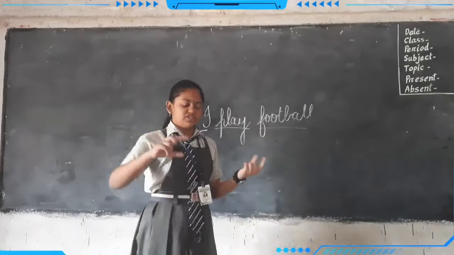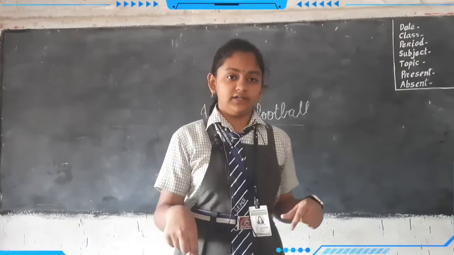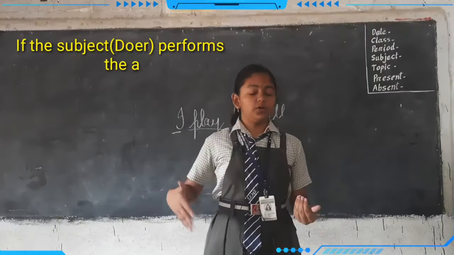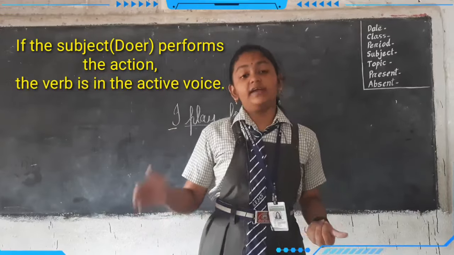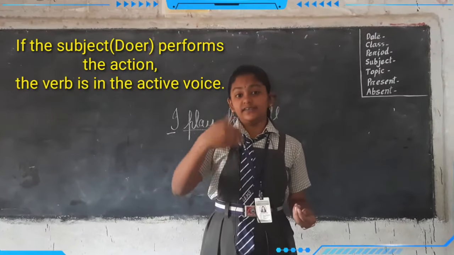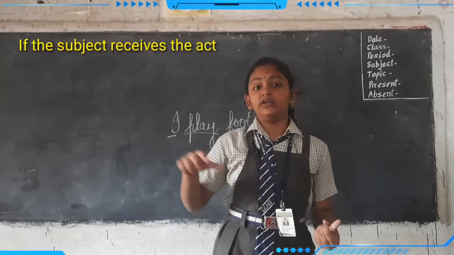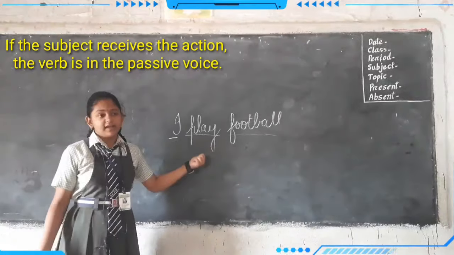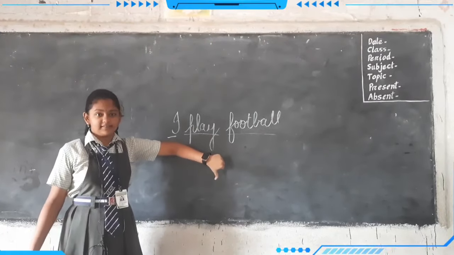So for changing active and passive voice, we first need to learn what active voice and passive voice are. When the doer is the subject of the sentence, it is known as active voice, and when the subject of the sentence receives the action, it is called passive voice. So this sentence is in the active voice and we can change it into the passive voice.